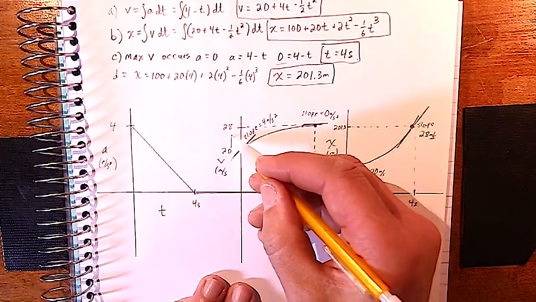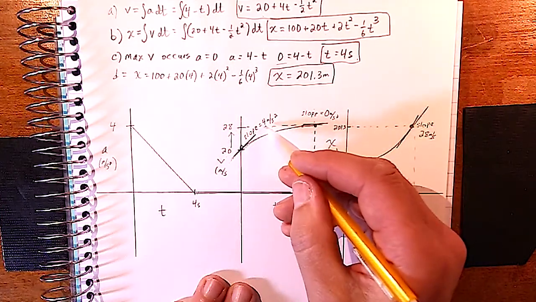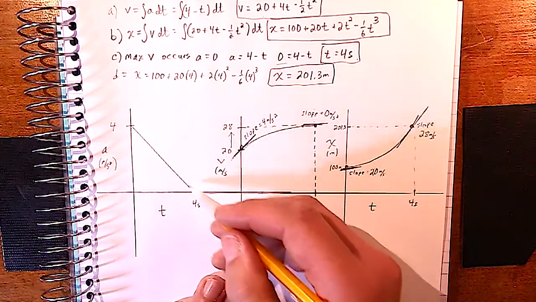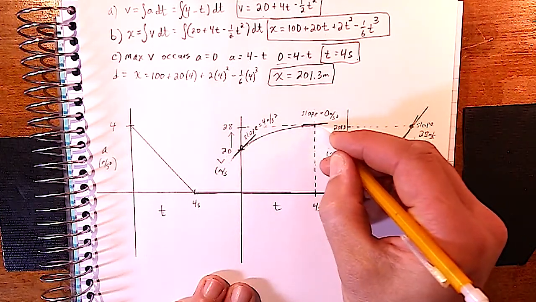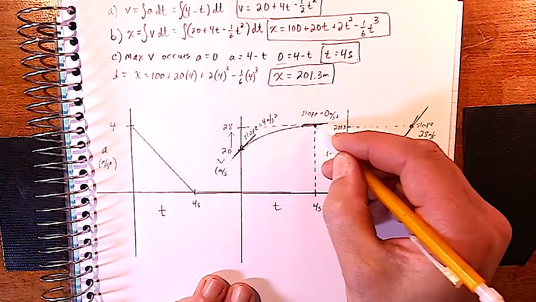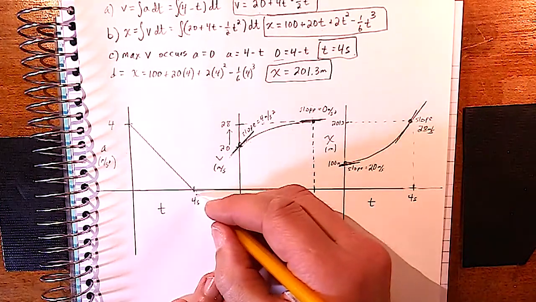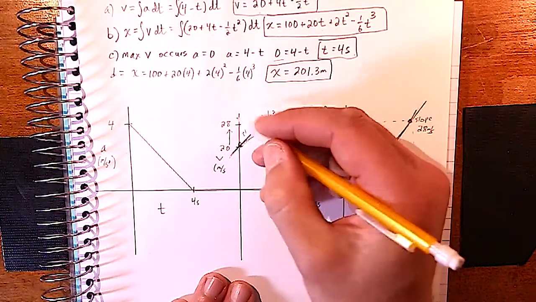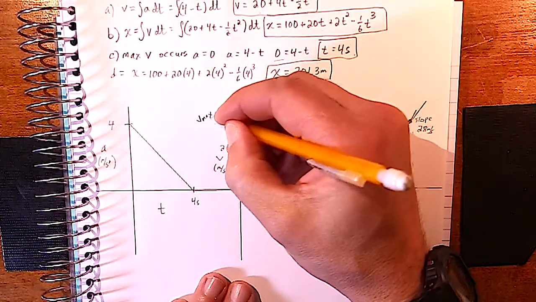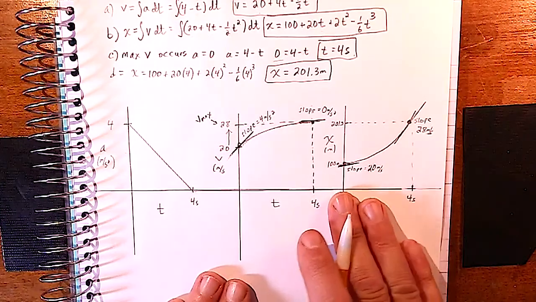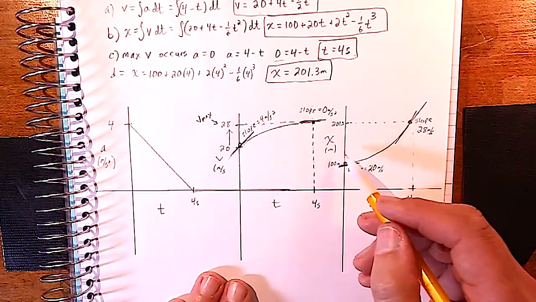So it's speeding up from 20 to 28, but the acceleration is decreasing. When it gets to this point, the slope of the line is 0, meaning the acceleration is 0, but it's at its maximum velocity. So what's 28? That's v max.